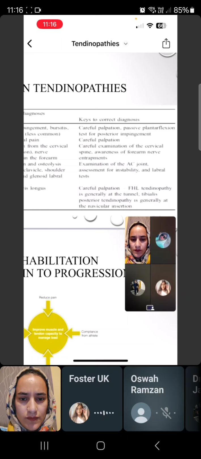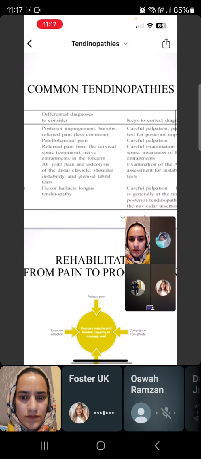It depends on your knowledge of anatomy, where the insertion of each particular tendon is, so you will be able to rule out that it's this rather than the other tendon. So careful palpation. And obviously, when you stretch the muscle against its action, if they feel instant pain in that tendon, then that's more of a diagnosis of that particular tendinopathy.